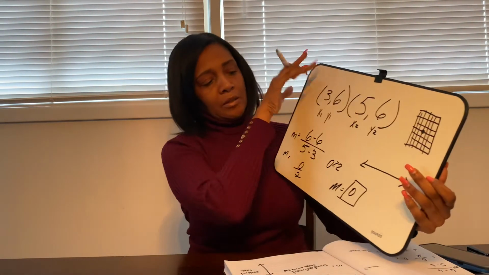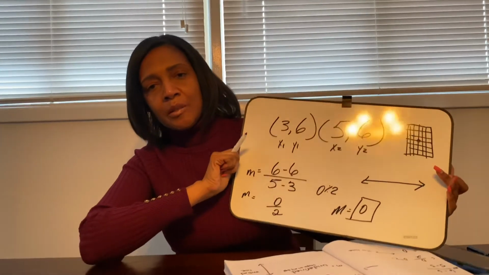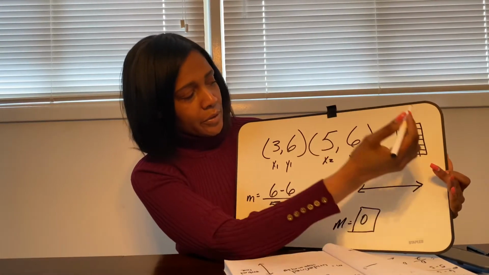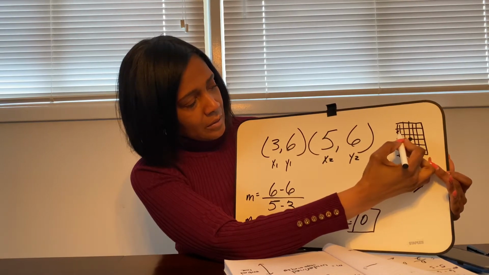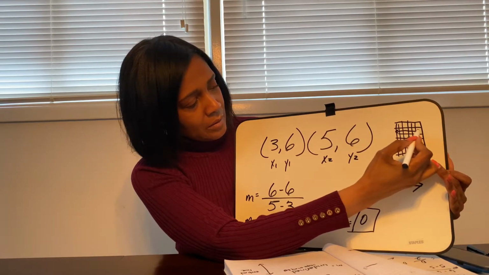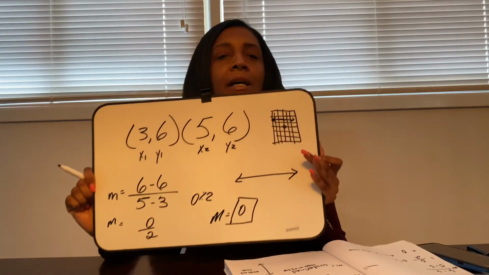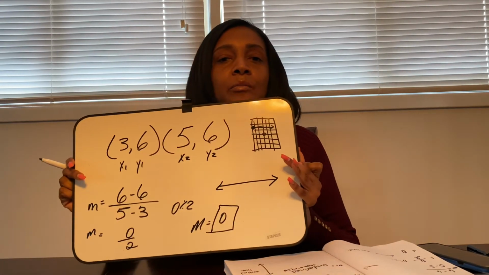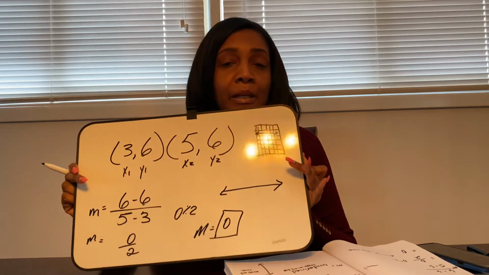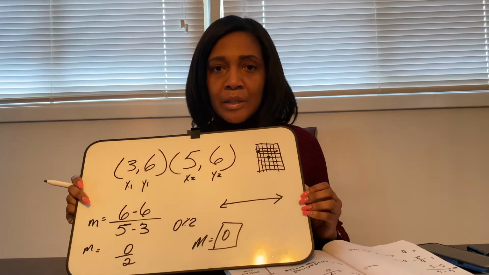Let's say they gave you a horizontal line such as this one that I just drew. Your answer would be 0 every time. So horizontal line, that means it would be 0.